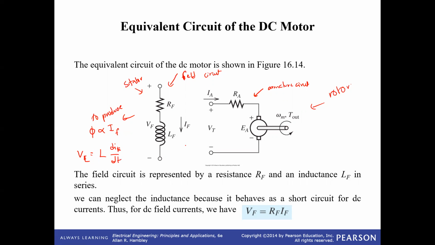So if there is no change of current, this will become zero, meaning that the voltage across this inductor is zero. So usually in steady state we can ignore this inductor, meaning that you can simplify your circuit as only containing RF. Okay.